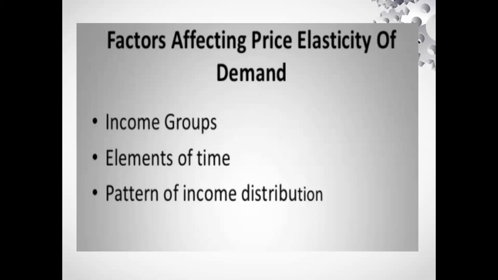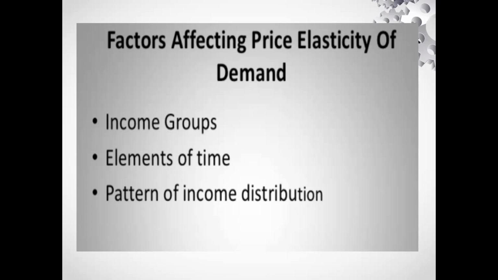And also the income group and the pattern of income distribution. When we talk about the pattern of income distribution, it also talks about the types of family setup. For example, in an individual nuclear family, the income distribution will be less.